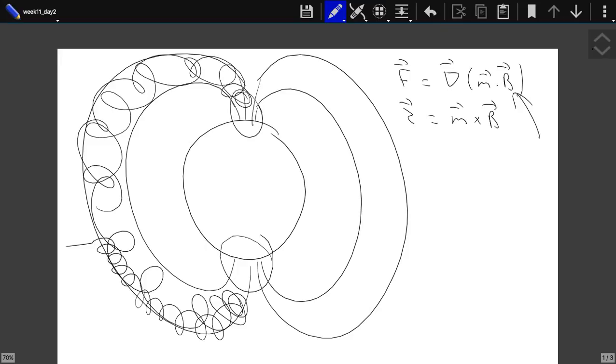What are the forces acting on this charged particle? Yeah. It's Earth, so there's gravity plus the magnetic field.